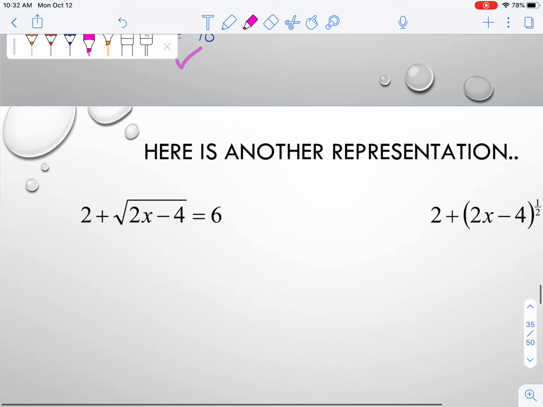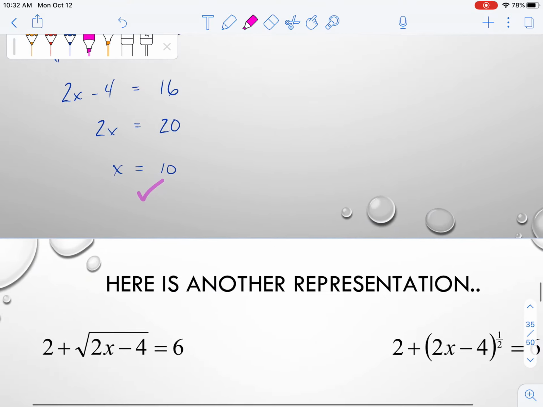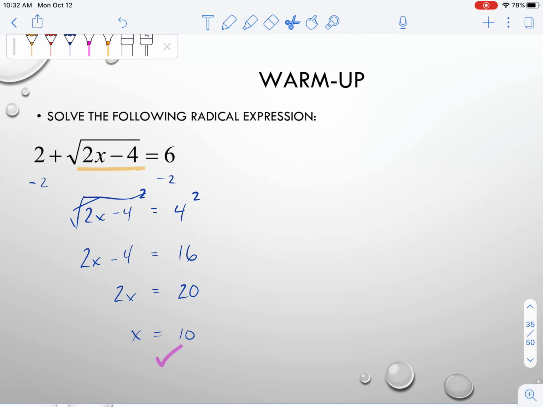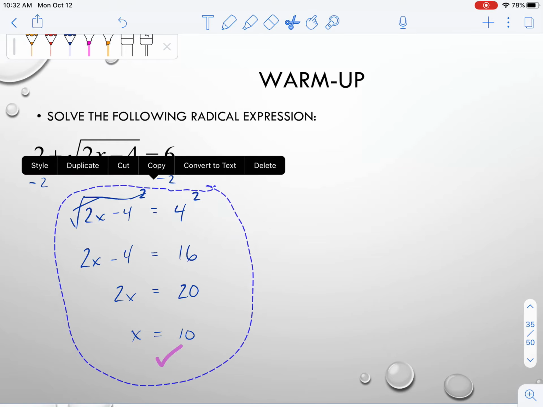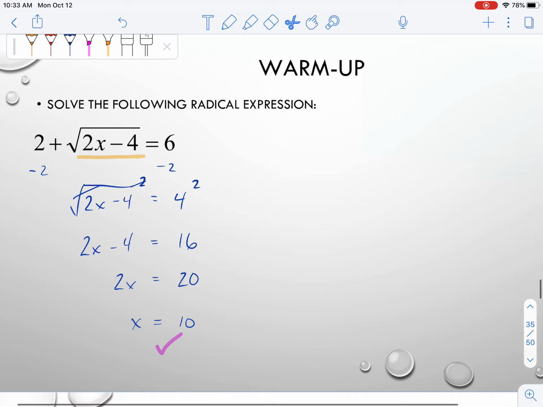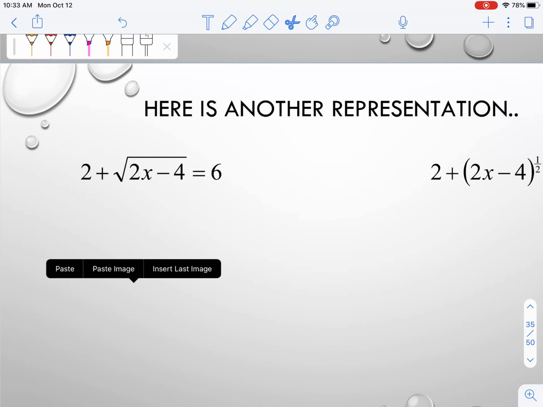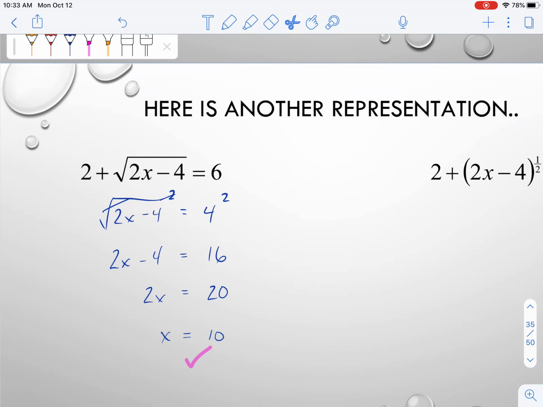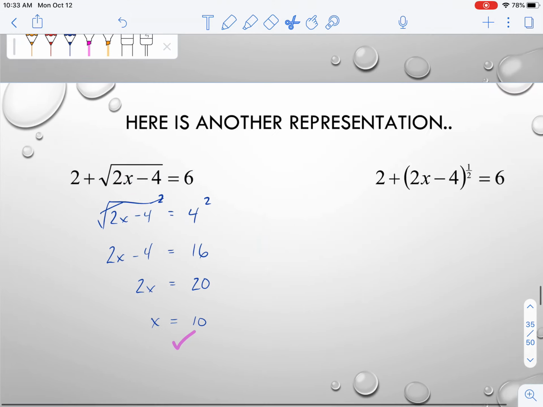Now, if I come down here, let me take this work and copy it real quick and paste it right here. So here's my work from that original equation.